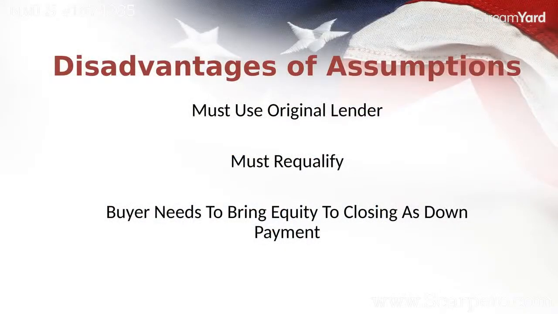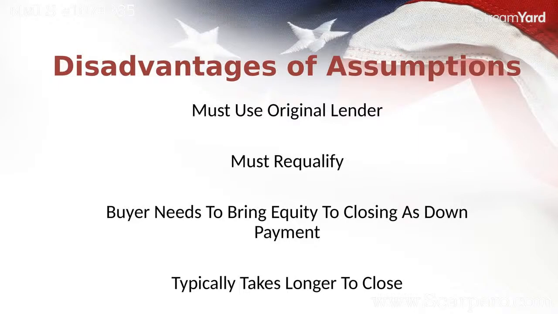So in those situations, the buyer's got to figure out, where am I going to come up with $100,000 to make that down payment? Now, what they could do is take that off of a 401k, make that down payment, and then go get an equity line at closing. That's certainly one thing they can do. But they have to figure out a way to buy out that seller's equity for sure. So it's a huge disadvantage. Actually, probably one of the top ones that keeps people from doing it.